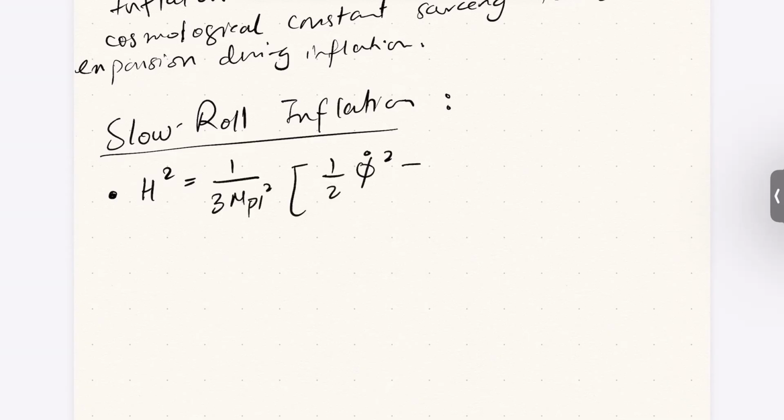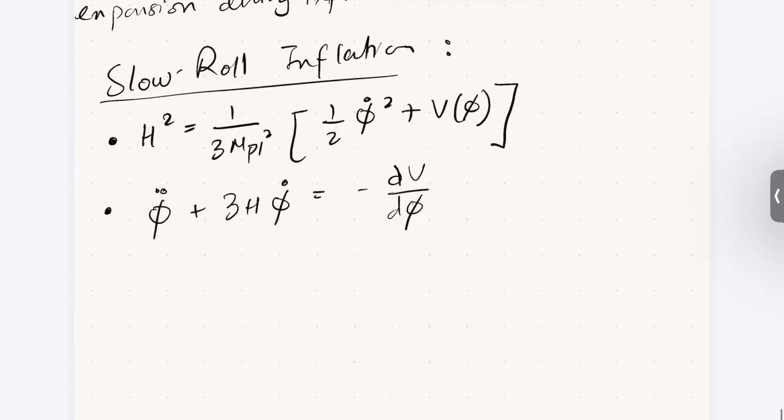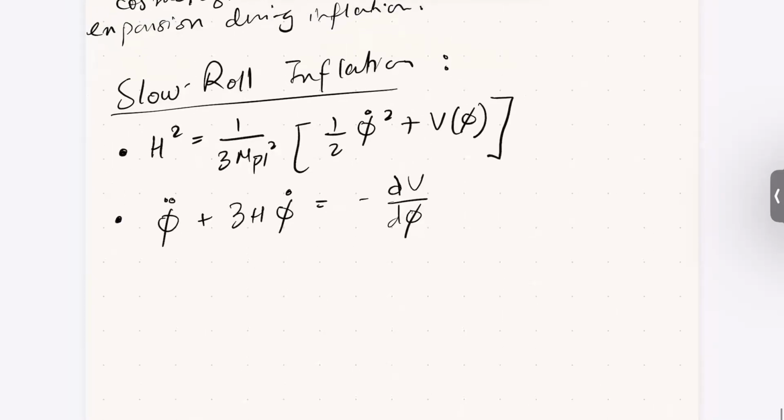And particularly, I can write it in terms of phi dot and V, and the Klein-Gordon equation that I just found, which is the equation of motion of this particular scalar field, right? So these equations are coupled for sure because I have similar terms and they're dependent on each other. So therefore, I need to understand the precise conditions that lead to this particular inflationary stage, right? So for that, I need to understand what these two equations can do.